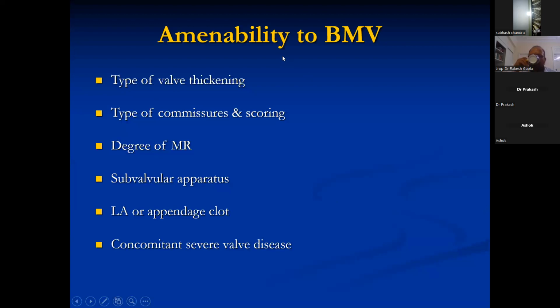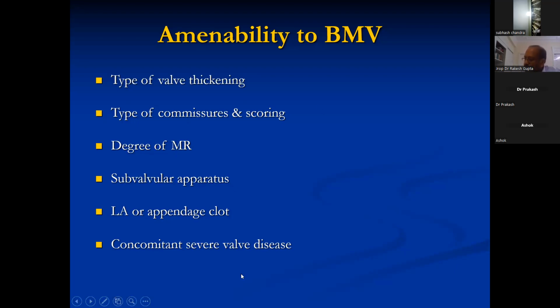Now, when you write a report, write in such a way that it shows the valve's amenability to balloon mitral valvotomy. Whether the leaflets are fused, split, or calcified. Degree of MR: a mild is all right, but a moderate or more is usually unamenable to BMV.